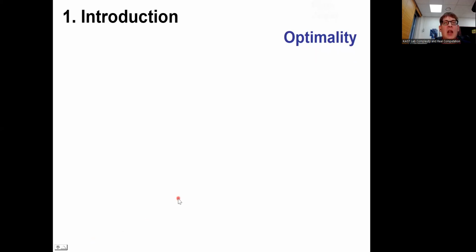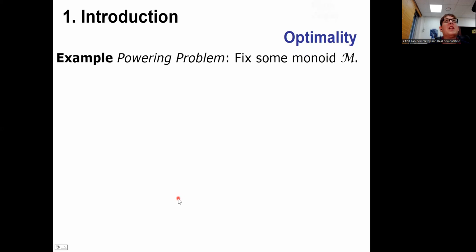So the problem I want to consider in order to illustrate the quest of optimality is a powering problem. For the powering problem, we fix some monoid. If you don't know what a monoid is, that's a mathematical structure that allows for multiplication, and multiplication is an operation. So, following a paradigm of abstraction, this covers many examples.